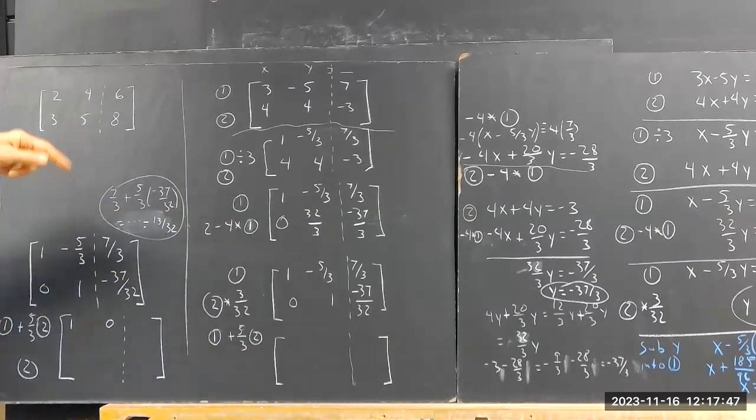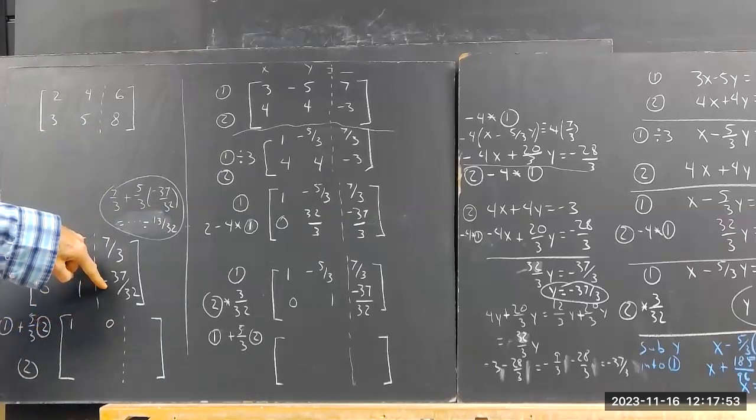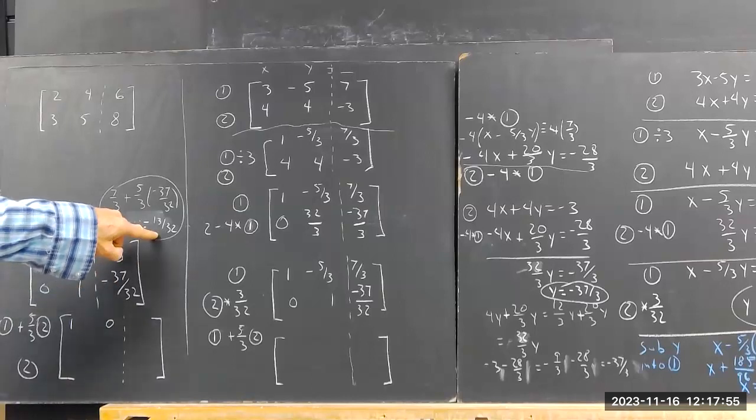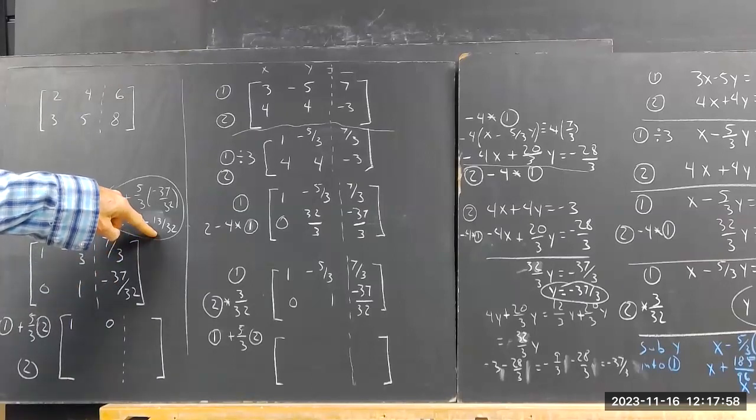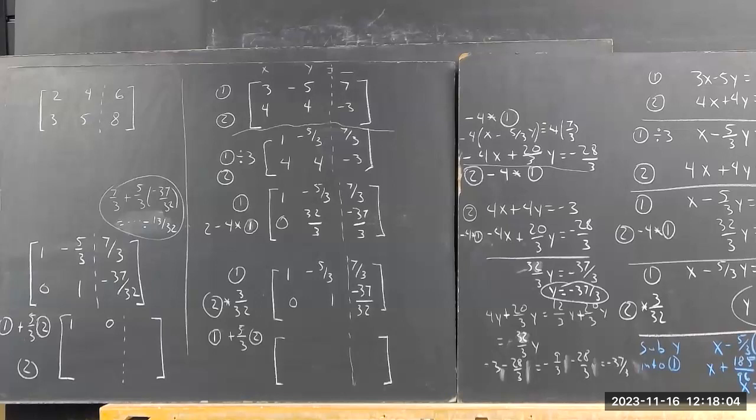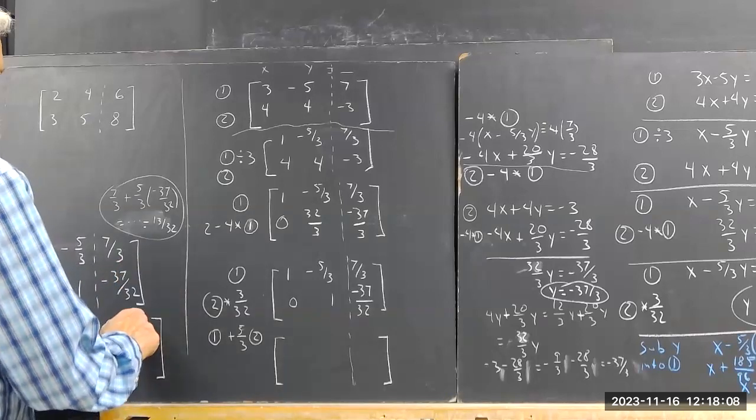So we see the calculation. It's this from row 1 plus 5/3 of whatever's in row 2, which is this. And it gives us 13 over 32.